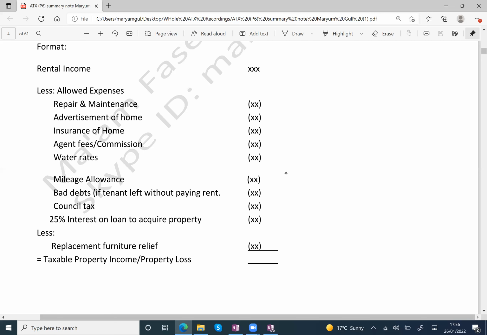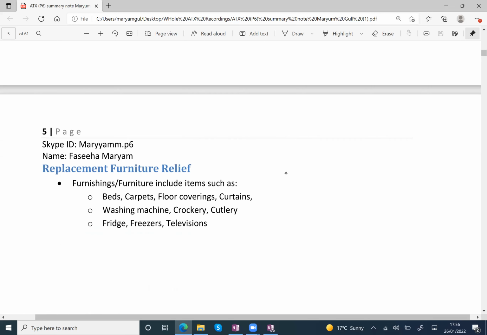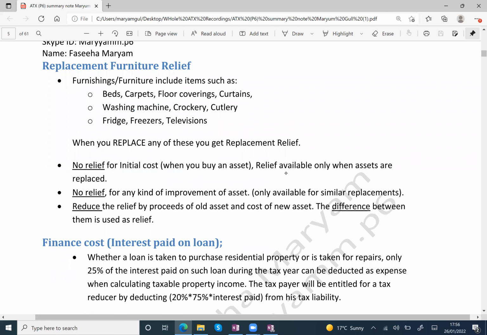Okay, next. So that is the format. Now the next topic is replacement furniture relief. It's an allowed expense and you can deduct it from the property income format. Now what is this? Furnishing or furniture includes items such as beds, carpets, coverings, curtains, washing machine, crockery, cutlery, fridge, freezer, television.